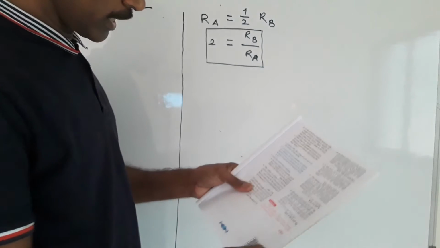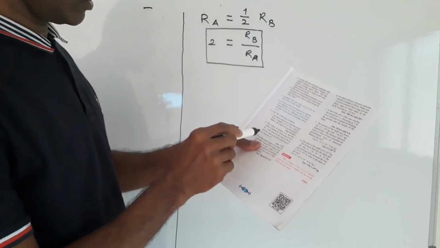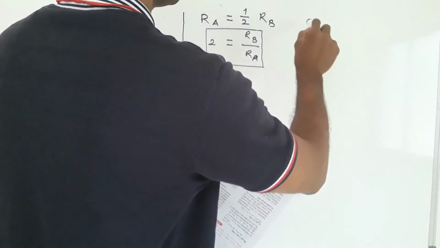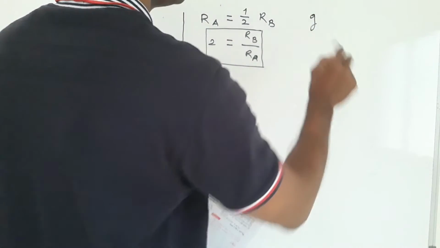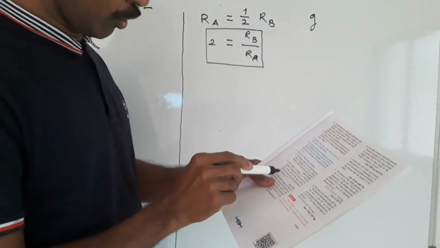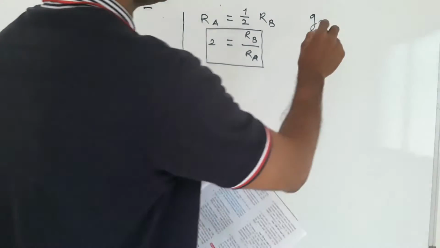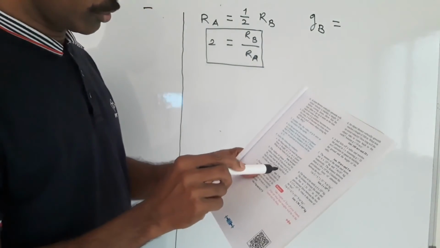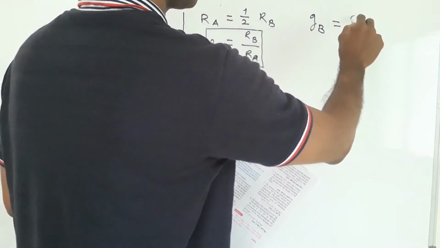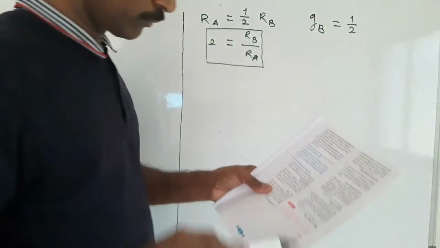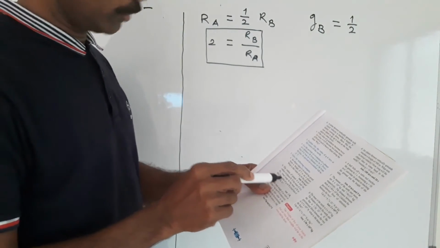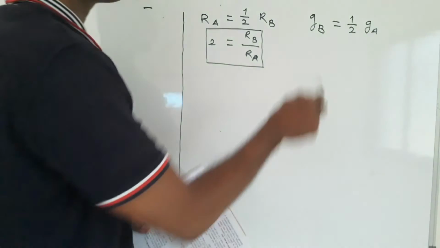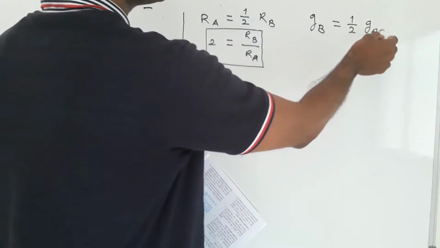Now secondly we have given, see here, the value of g on B, that is GB, is equal to half that of its value on A. Therefore this is GB is equal to 1/2 GA.